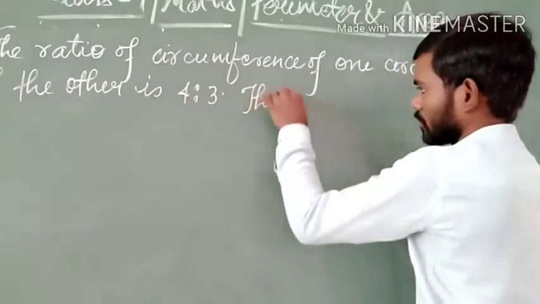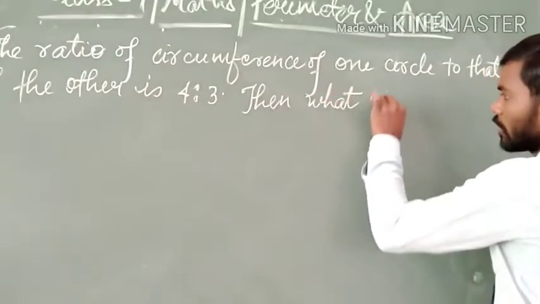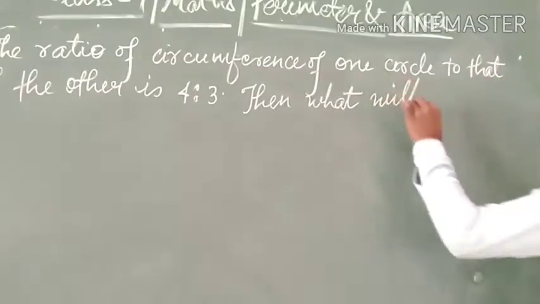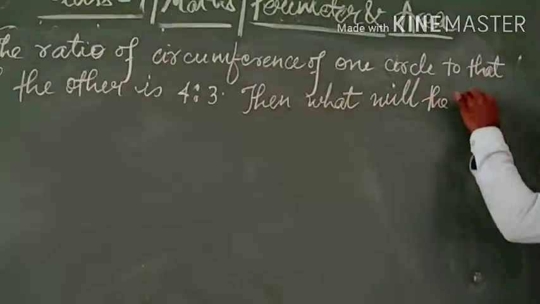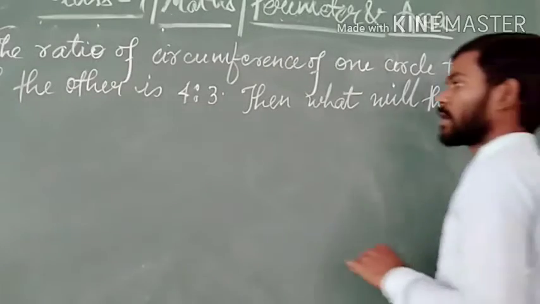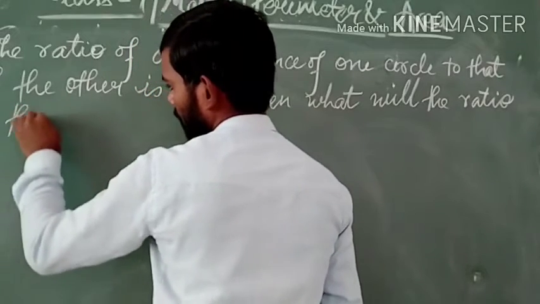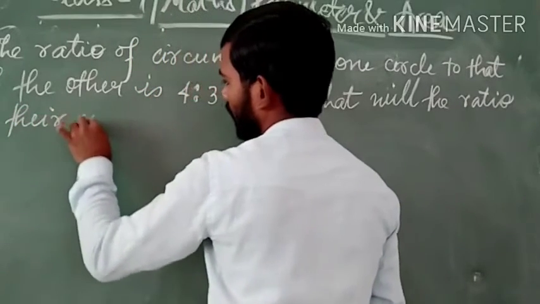Then what will be the ratio of their radii?